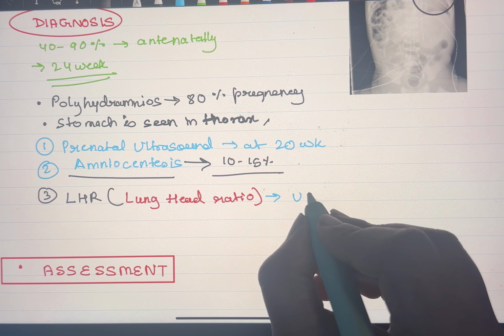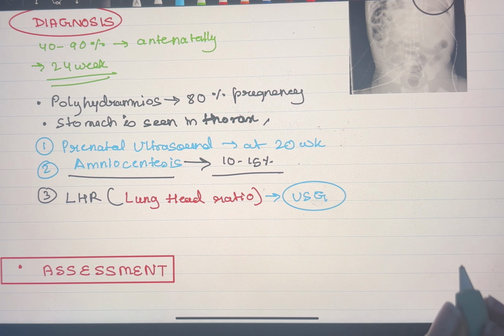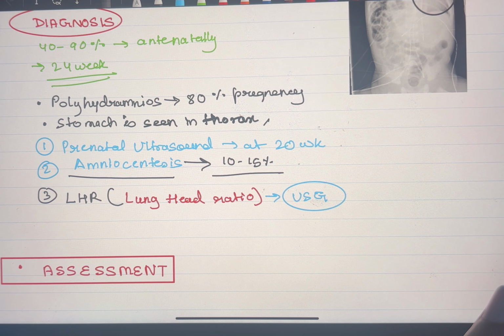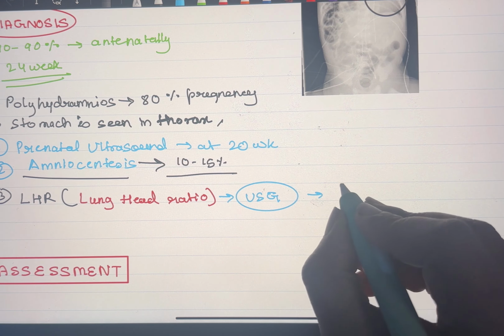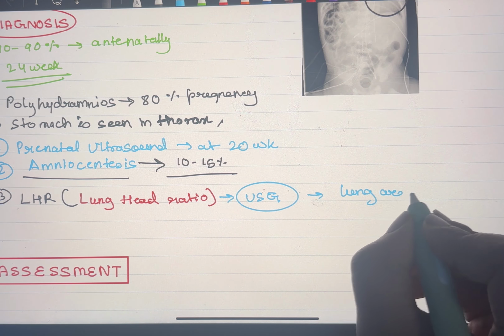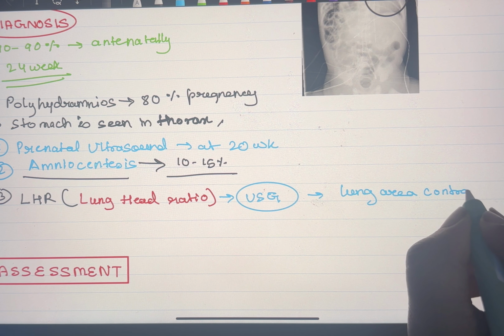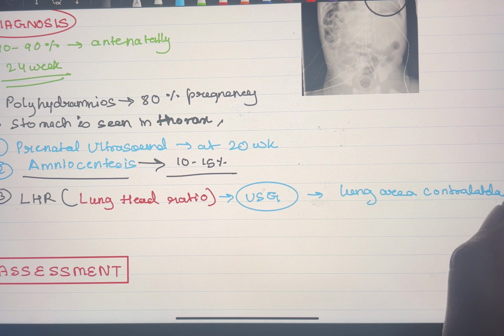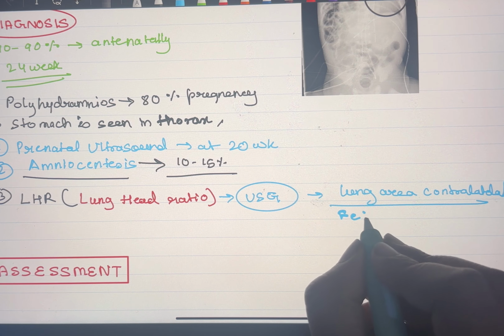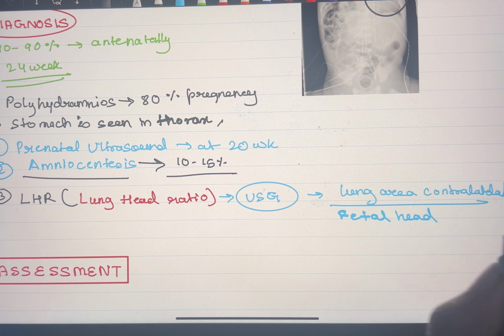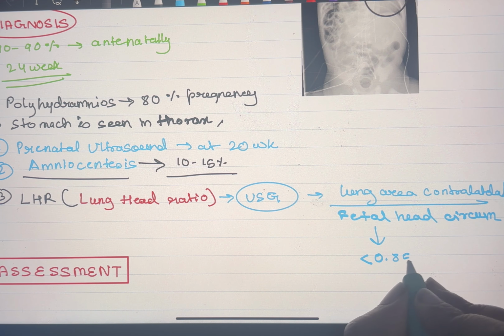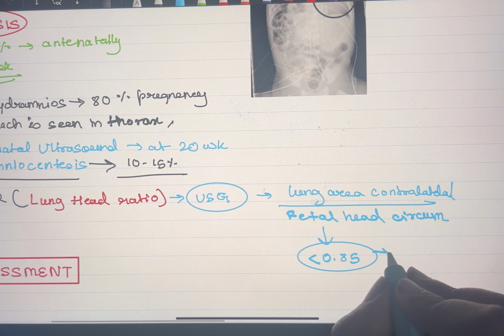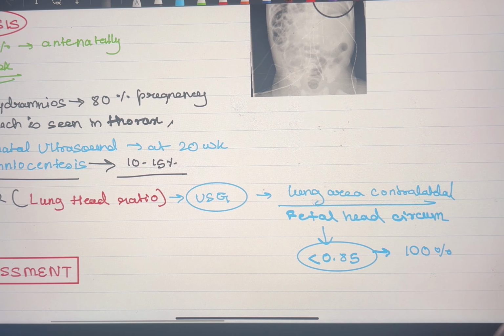It is the area of the contralateral lung divided by the fetal head circumference. If this is less than 0.85, then the patient will have 100% mortality.